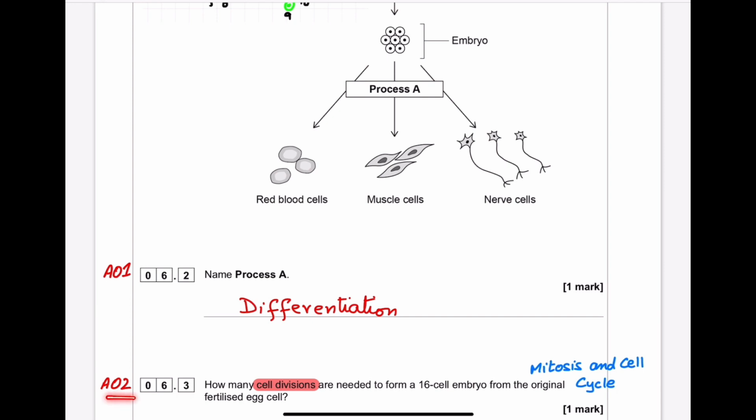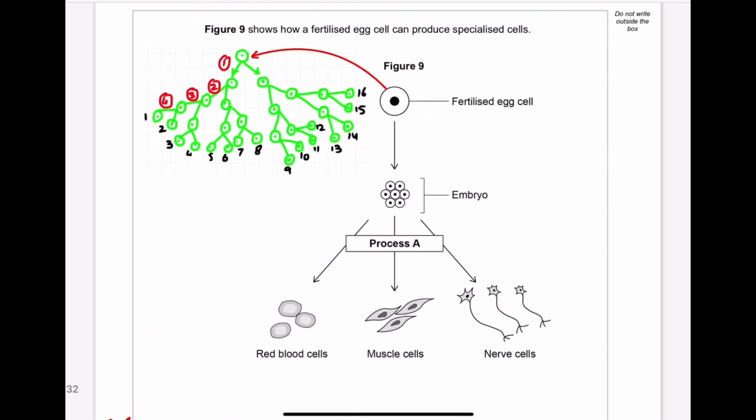6.3 is an EO2 question. How many cell divisions are needed to form a 16-cell embryo from the original fertilized egg cell? If you see here, the fertilized egg cell is shown here. In the first division, two daughter cells are formed. From the second division, we have 4.